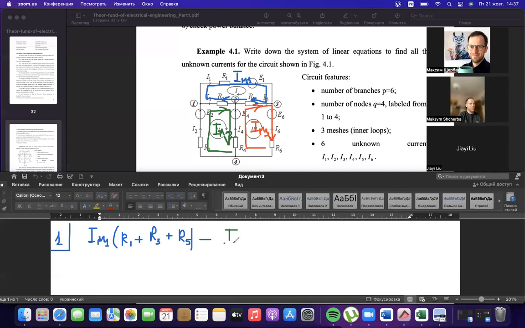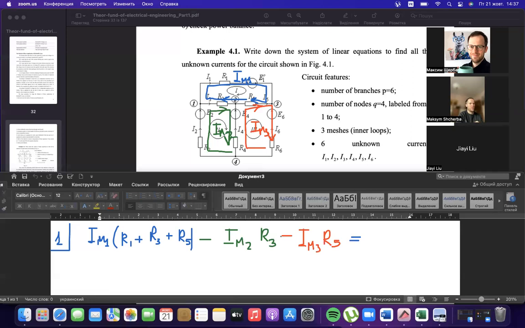That means we should write IM2 on R3 and minus IM3 on R5 should equal the sources inside this mesh.